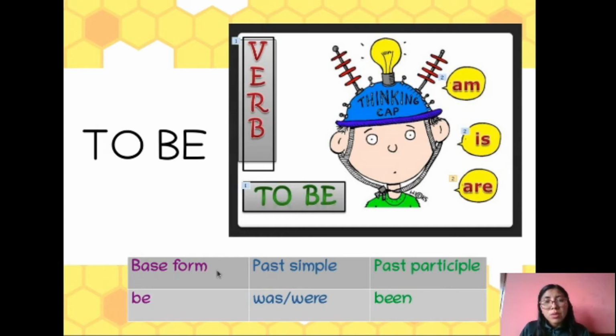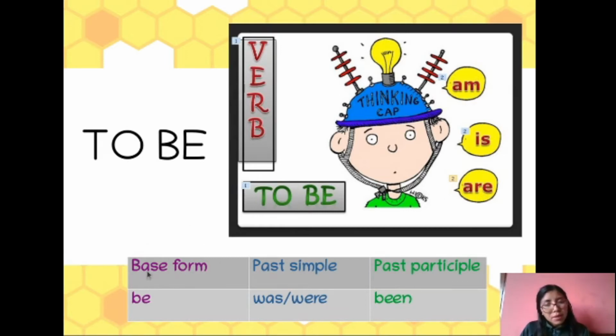There are some structures that allow the base form. Hay unas estructuras que nos permiten la forma base. El verbo to be, we are going to use is, are in the present. Vamos a utilizar estas formas para el presente. Okay, that is, we are going to use is, are in the present simple.